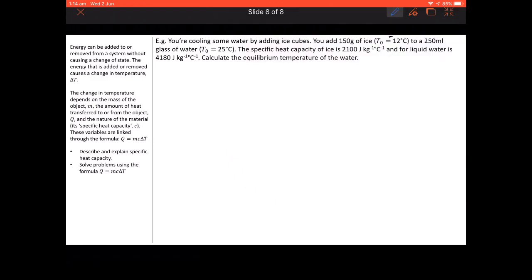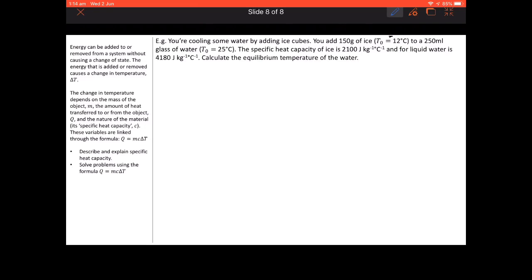So you're adding 150 grams of minus 12 degree ice to a 250 ml glass of water, and that glass of water is currently at 25 degrees Celsius. The specific heat capacity of ice is 2,100 joules per kilogram per degree Celsius, but for liquid water it's 4,180 joules per kilogram per degree Celsius.